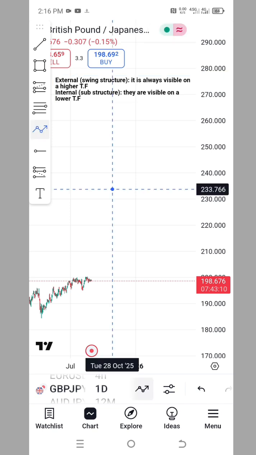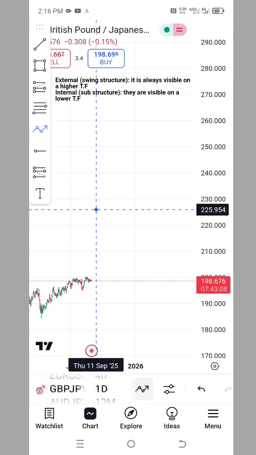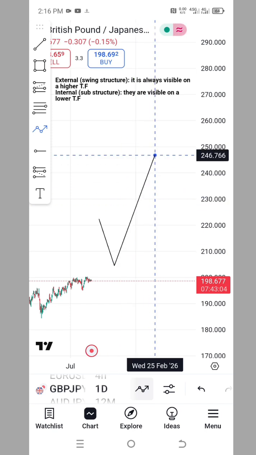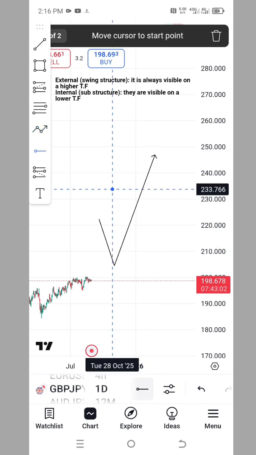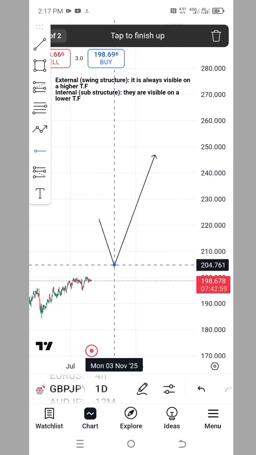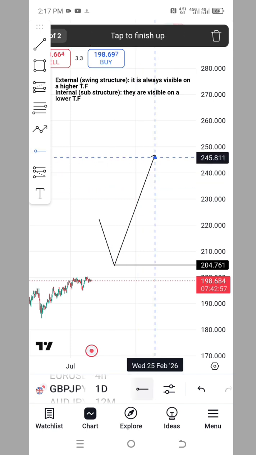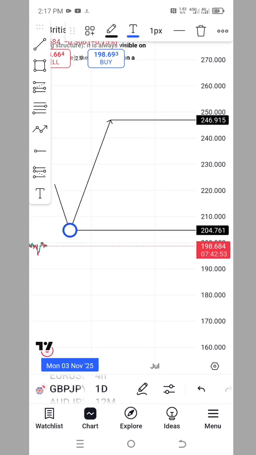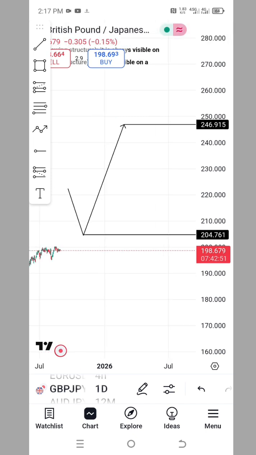So on your higher time frame, in a bullish move of a swing structure, the market will move like this. And where is the swing structure? This is it, the swing low and the swing high. Initially this was a high.